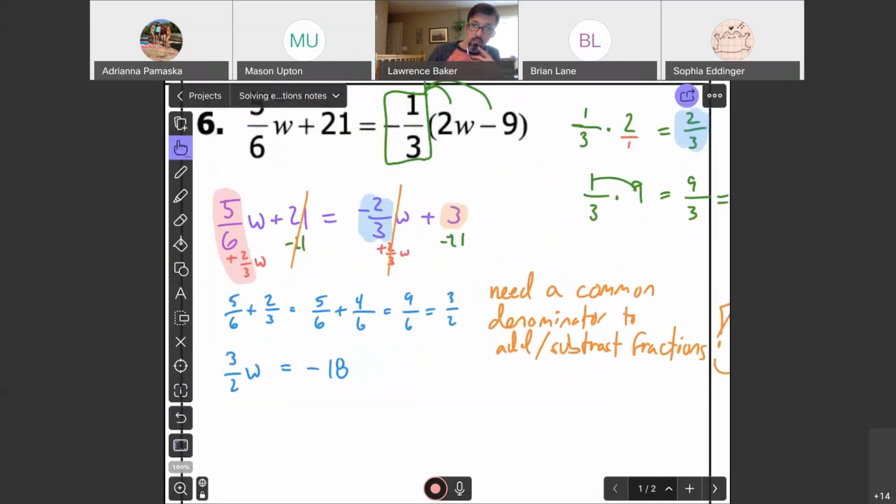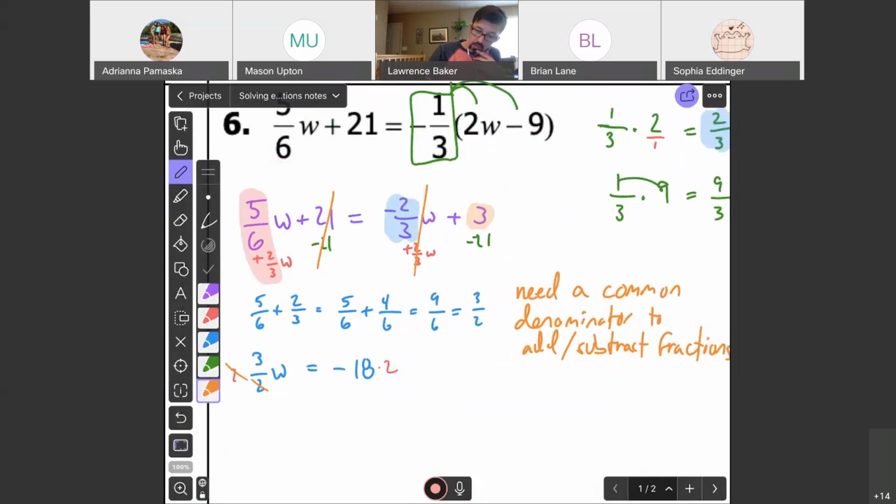Anybody? Yeah. And then just like Brian was suggesting before, let's get rid of that 2 down near the bottom. So we're going to multiply both sides by 2. Again, the whole point of that is to cancel the 2's, not make it a 6 on the top. And so that would leave us with 3w, and then 18 times 2 is 36. So I got negative 36, and divided by 3.